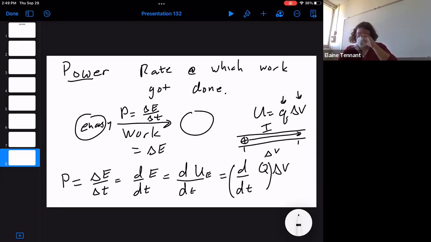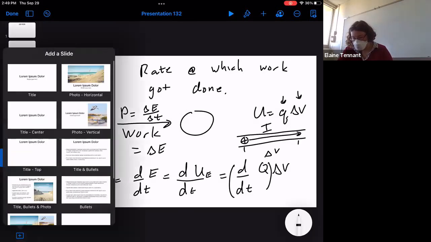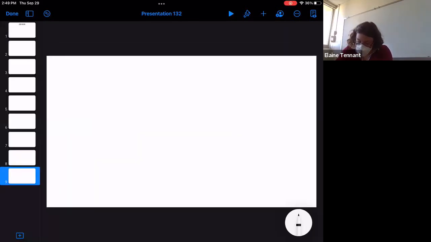So I'm really doing a dq dt, a derivative of charge with respect to time, that is current. That's just the basic definition of current. So that means power is some current moving through some potential difference.